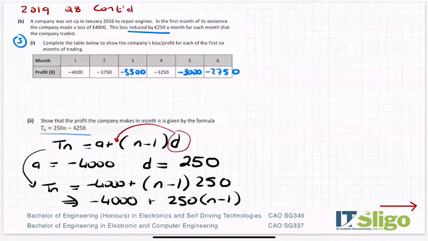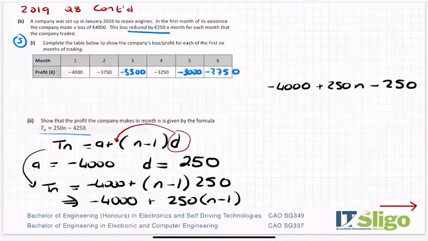So I get minus 4,000 and then I'm multiplying this in. 250 by n is plus 250n. 250 by minus 1 is minus 250. That's what my Tn is equal to.